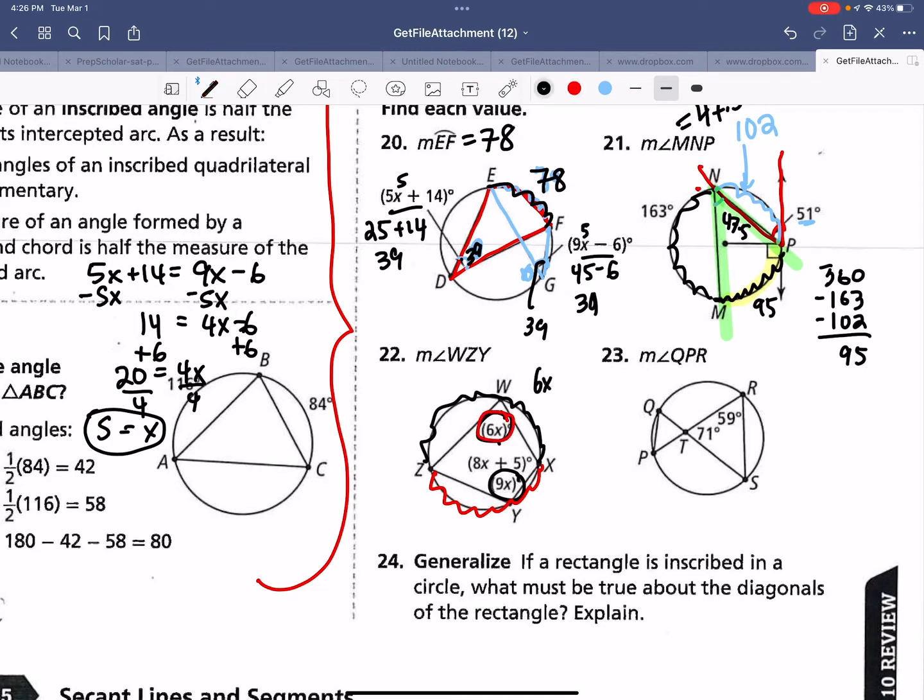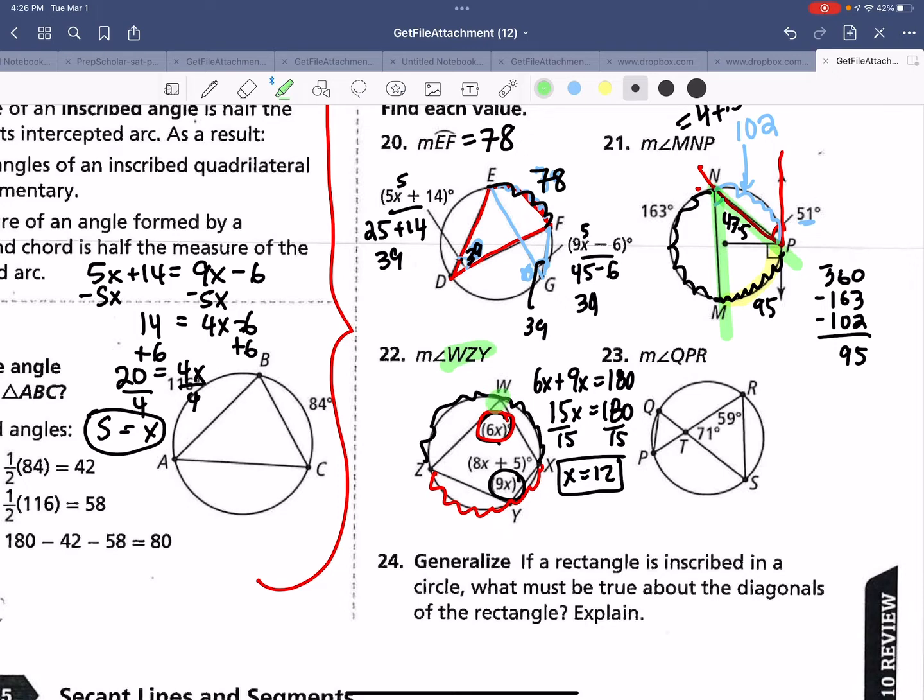Okay, so 6x and 9x have to add up to 180. Half of that, all right, so that would give me 15. So what's 180 divided by 15? I get 12.